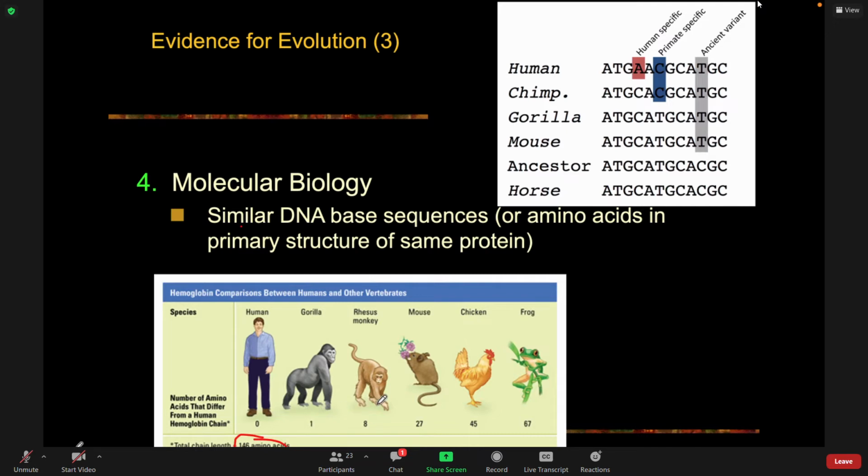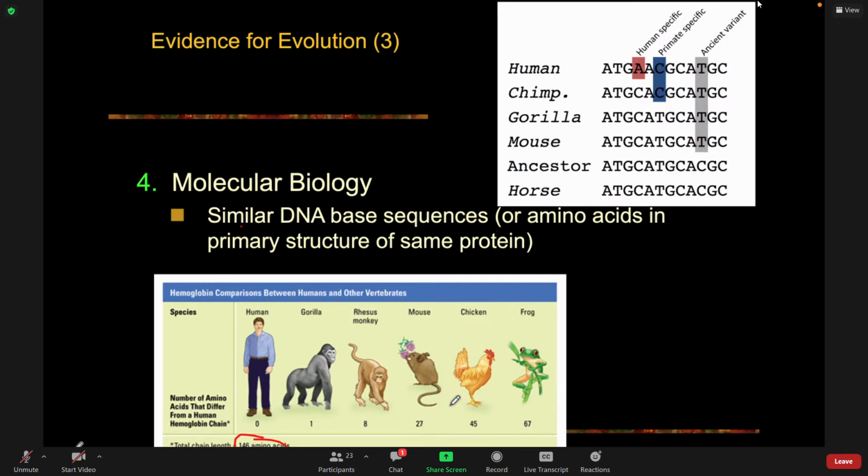Whereas in rhesus monkeys, we have 8 different amino acid substitutions. But further down with a frog, 67 different amino acid changes. And so the further we get away in the evolutionary tree, the lower the similarity and the greater the molecular differences.